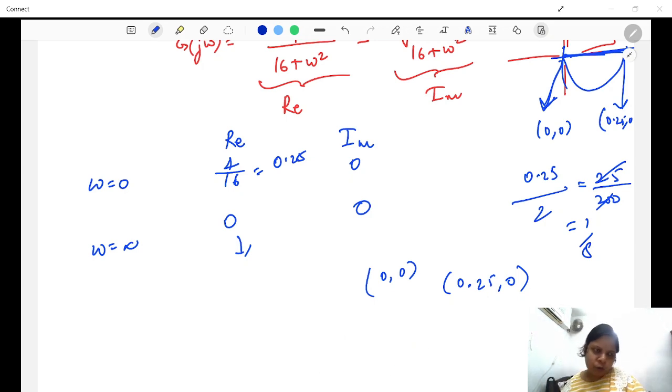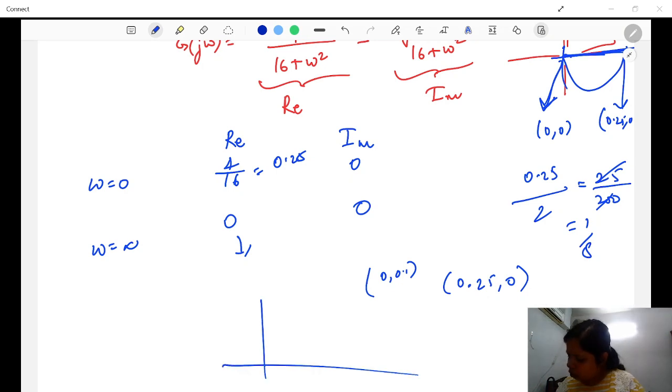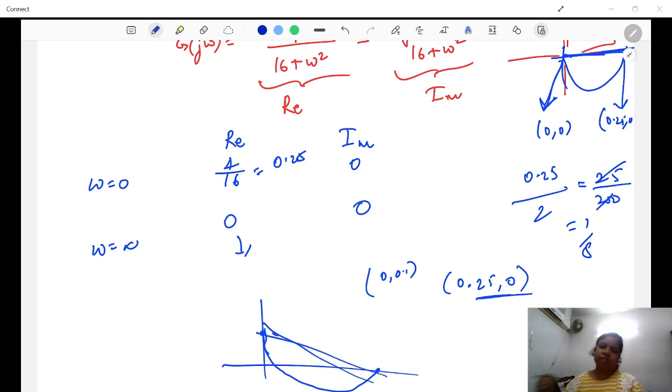Say one point was 0 comma 0.1, so x is 0 and y is 0.1, somewhere here, and the other point somewhere here. Then the Nyquist plot might go some other way, like this or otherwise. Then we can't say that this is going to be the diameter of the circle.